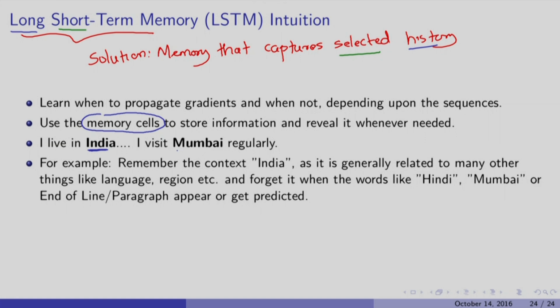So if I have to predict the location to be a city, I would rather look at cities in India. So you are trying to remember the context India as it is generally related to many other things like language, region, etc. However, once we have mentioned Mumbai, you might want to forget India because you are interested in attributes of Mumbai and not generic attributes of India.